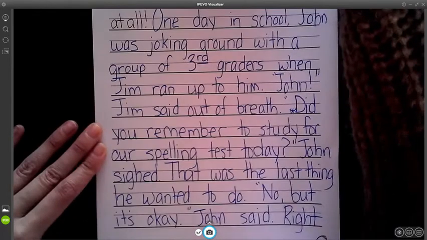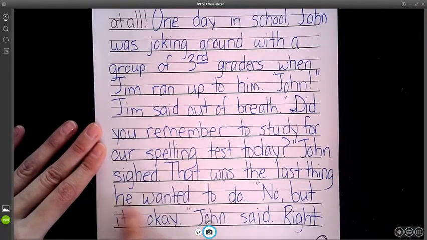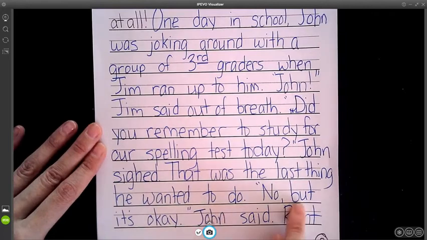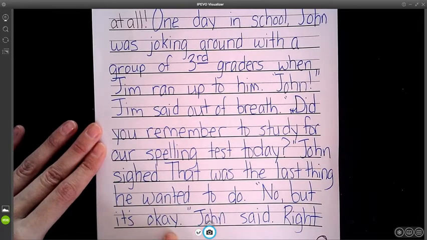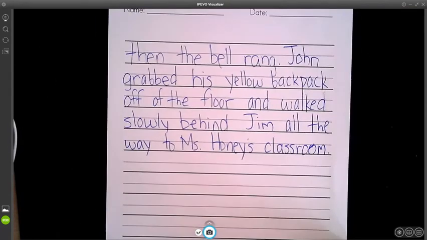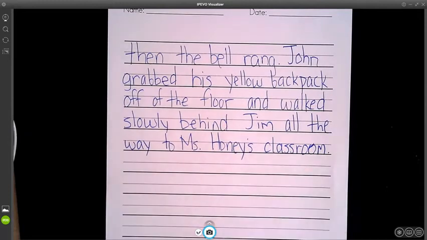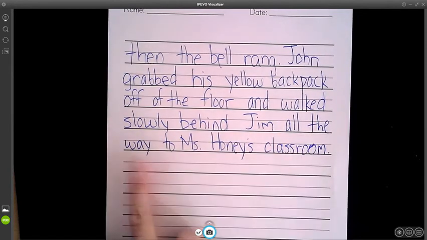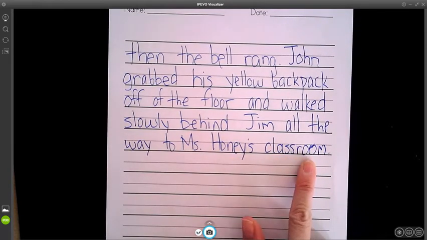John sighed. That was the last thing he wanted to do. "No, but it's okay," John said. Then the bell rang. John grabbed his yellow backpack off the floor and walked slowly behind Jim all the way to Miss Honey's classroom.